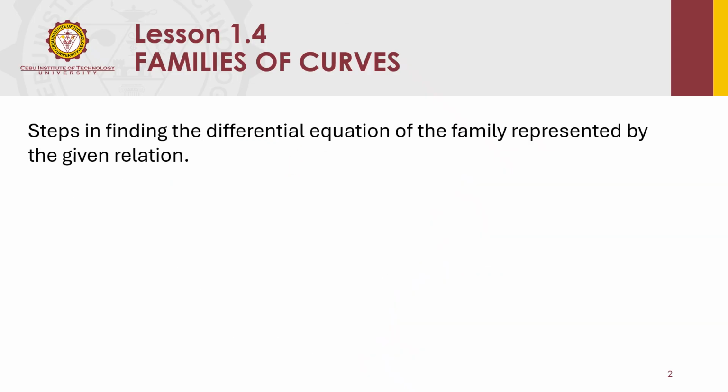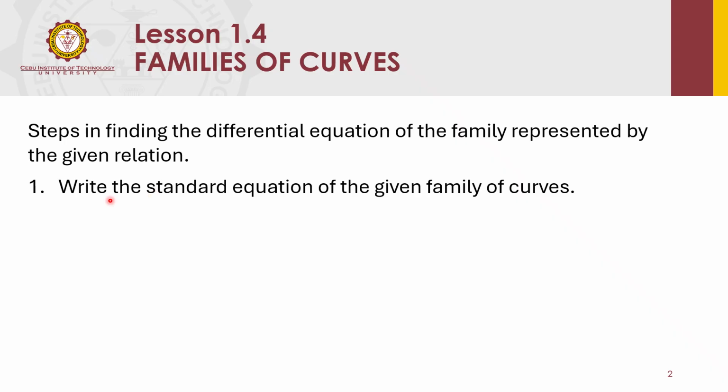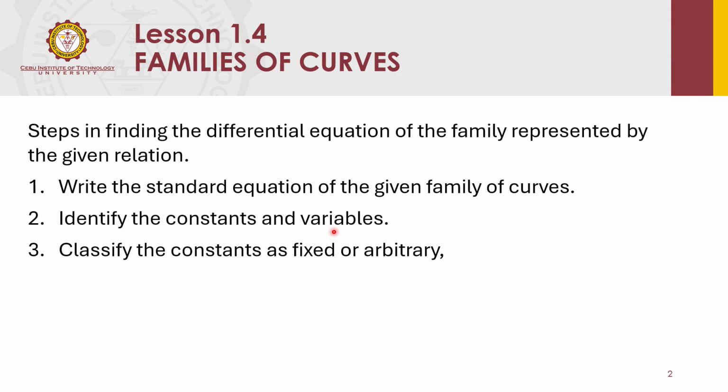So here are the steps in finding the differential equation of the family represented by a given relation. We start with writing the standard equation of the given family of curves, then identify the constants and variables and classify the constants as fixed or arbitrary. Fixed means it stays the same for every member of the family, just like the slope from the previous slide, and is treated as an ordinary constant when differentiating.